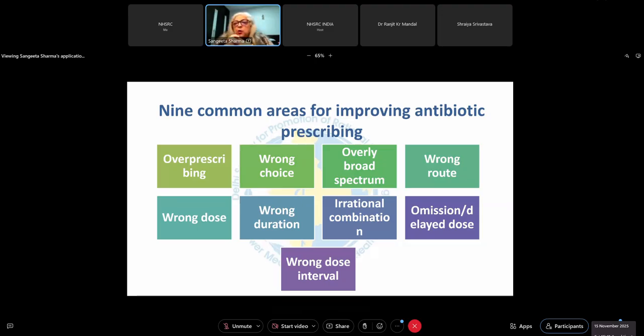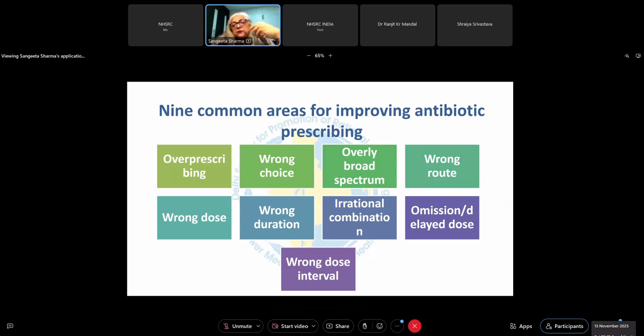But somehow, either we are not able to distinguish between viral and bacterial infections, or under patient's pressure or fear, we are overusing these antibiotics. Post viral cough, after an influenza-like illness, many times this cough stays. Many of us think that this cough is because of the infection continuing, so we prescribe antibiotics.